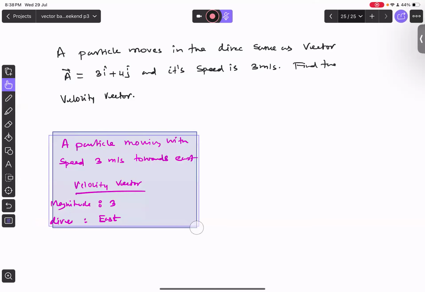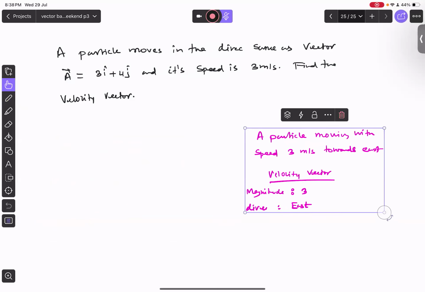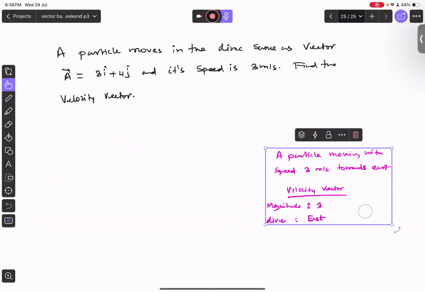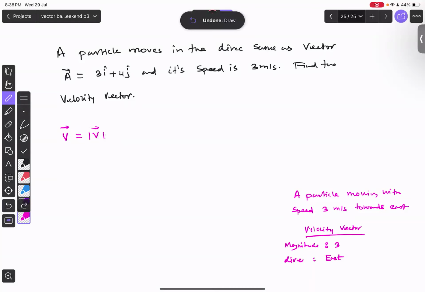So it means to find the velocity vector, I will need the speed of the particle and the direction in which the particle is moving. That is given to us. So the velocity vector, or any vector, I can write down as its magnitude into the unit vector in the direction of that vector.